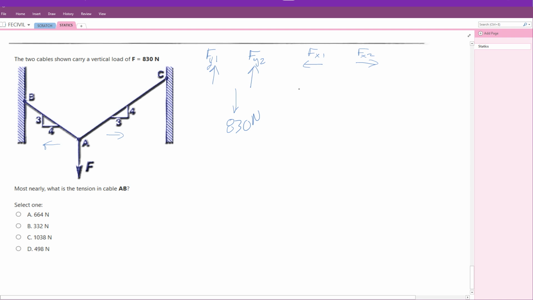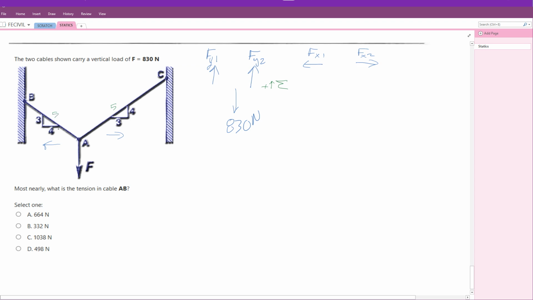If we sum the forces in the y direction, taking up as positive, since they gave us the sine and cosine, this is the most viewed triangle. When you see 3, 4, automatically you should know that this is 5.